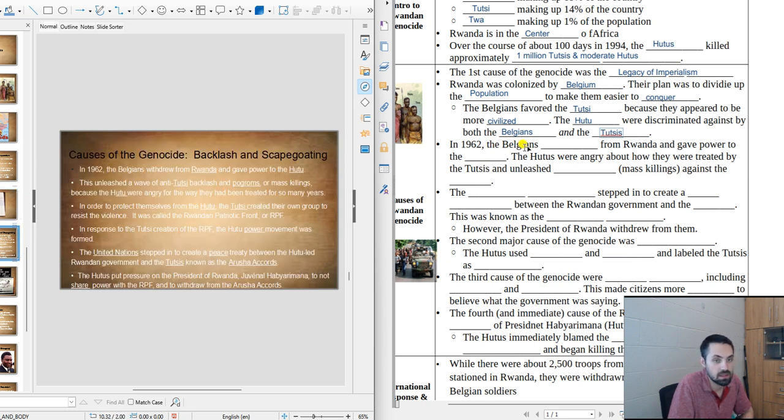In 1962, the Belgians withdrew from Rwanda and gave power to the Hutu, because the Hutu were 85% of the population, so it's hard to establish a ruling class that's made up of 15% of the population. The Hutus were angry about how they were treated by the Tutsis and unleashed pogroms, which are mass killings against the Tutsis.